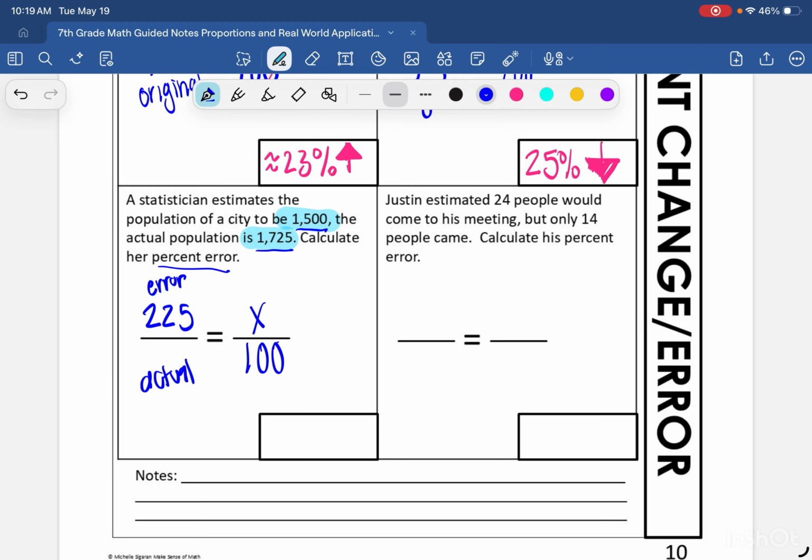And then the actual was 1,725. Solving here for my variable, I'm going to multiply each side by 100. So I have 225 times 100 divided by 1,725. I get that it's about a 13% error.